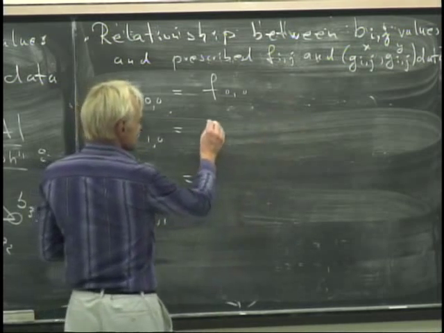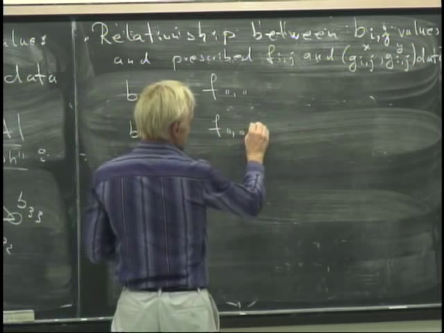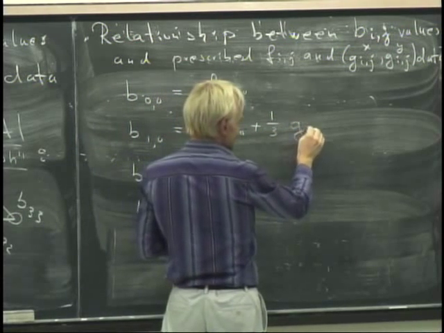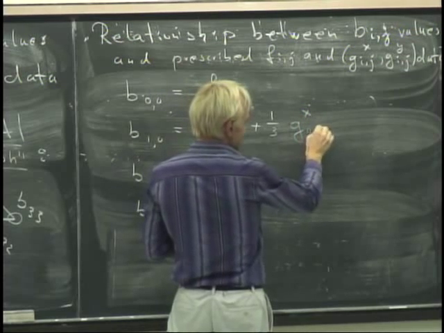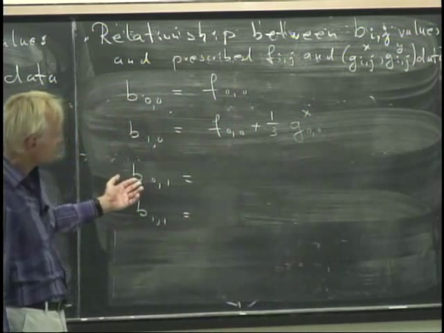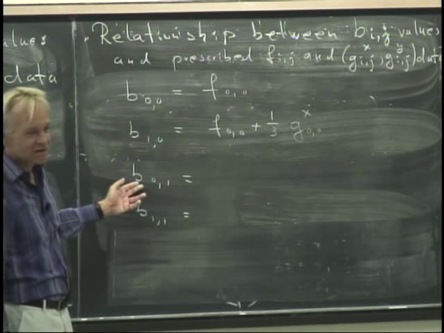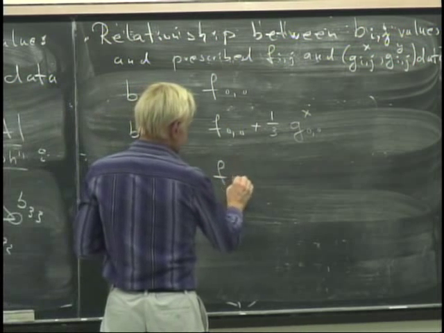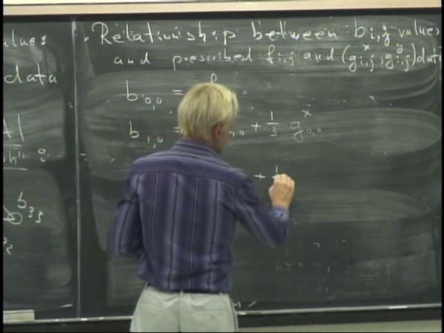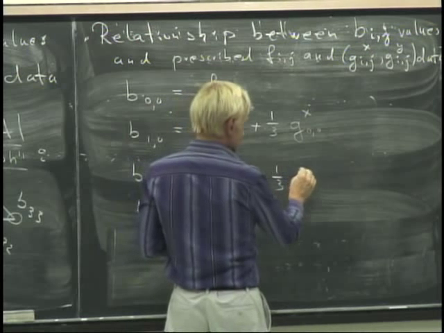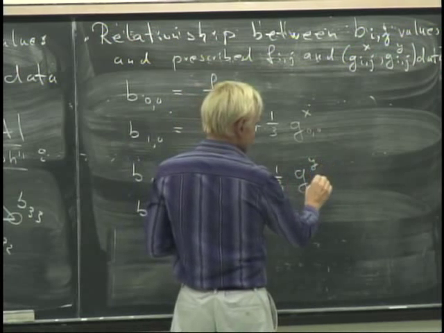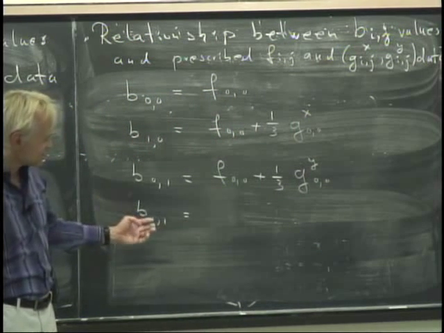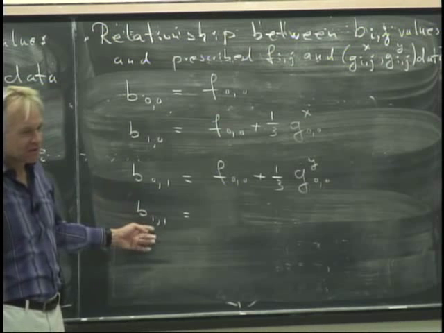So this one, B10, is function value f00 plus 1/3 times the derivative in x. And what do we call that? We call that the gradient in x direction at location 0. Okay, so what is B01? That's the same principle, now just done in y direction. That is function value f00 plus 1/3 going in the direction of the gradient in y, the gradient in y direction at location 0. And the only new one, in a sense, is this guy, B11. Okay.